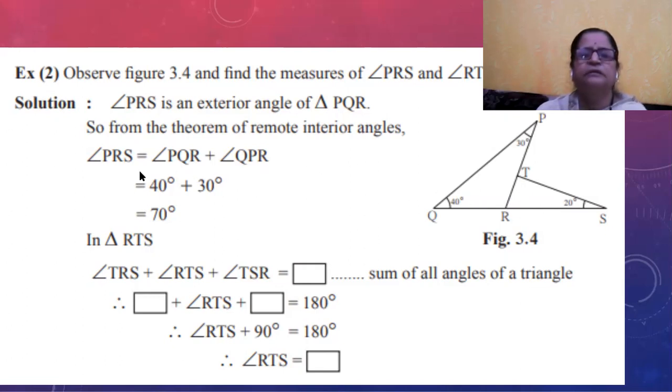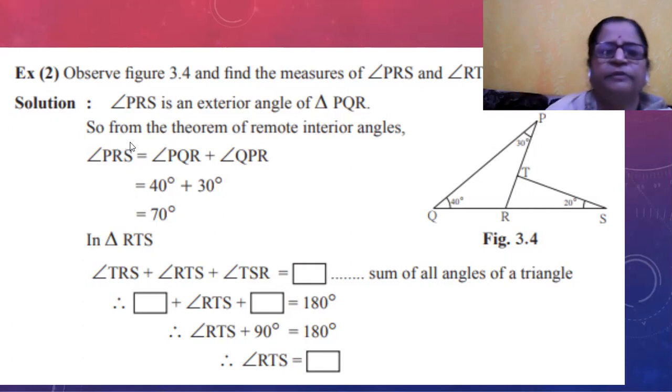So, from the remote interior angle theorem that we have studied, this angle P and angle Q are the remote interior angles. The sum of these two is equal to the exterior angle.